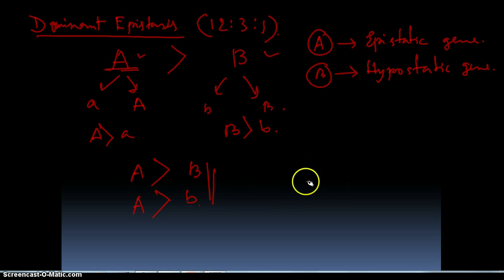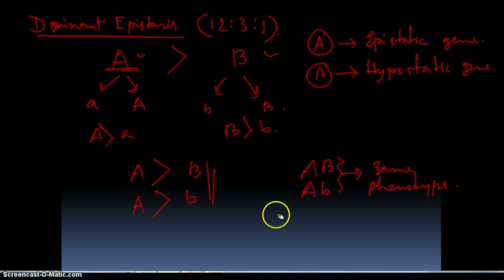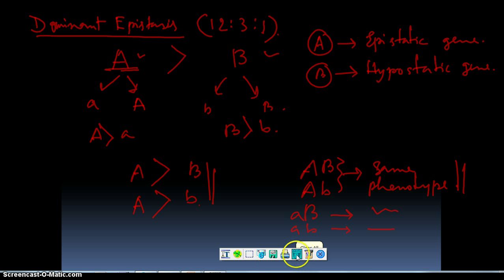So the genotypes showing this or this will give the same phenotype, but if you consider aaBB or aabb, these two will give a different kind of phenotype, which is not the same.